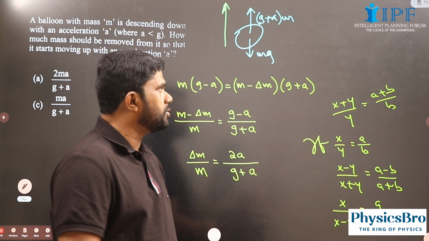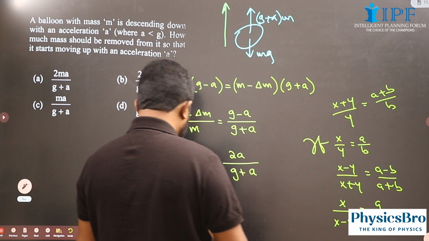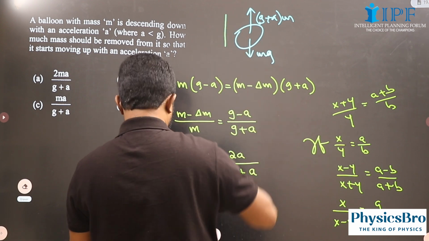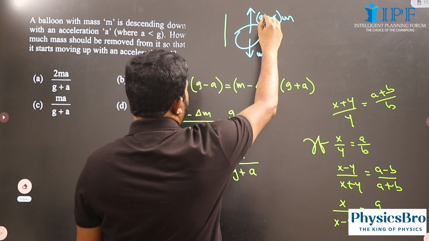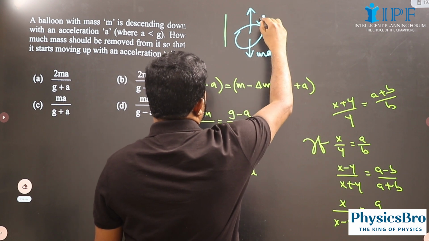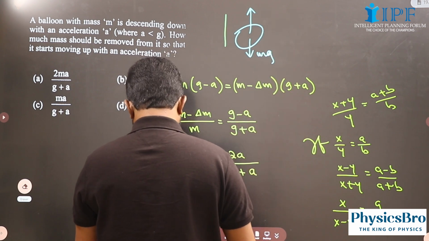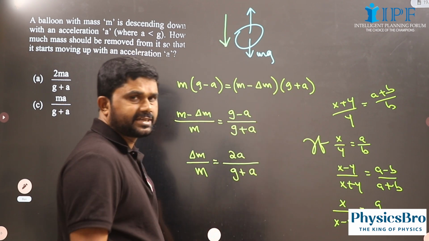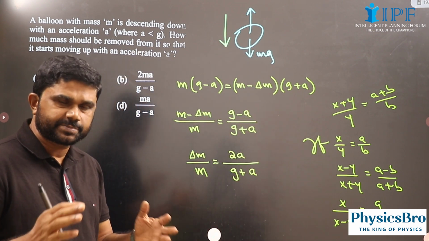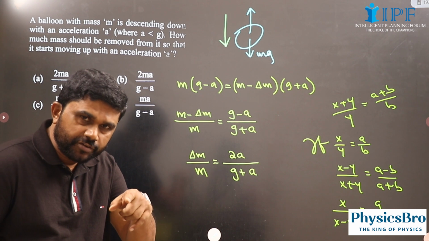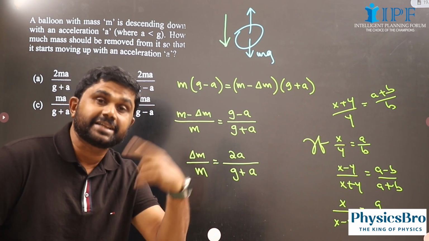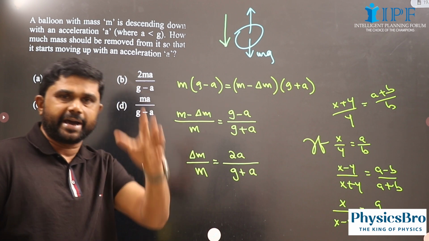When this body goes down, the resultant force must be down, right? So the downward force must be stronger than the upward force, stronger than the reaction, stronger than the apparent weight.